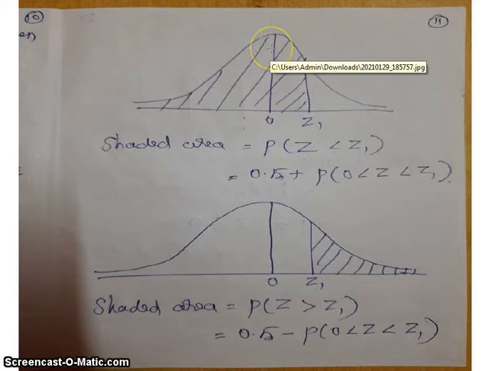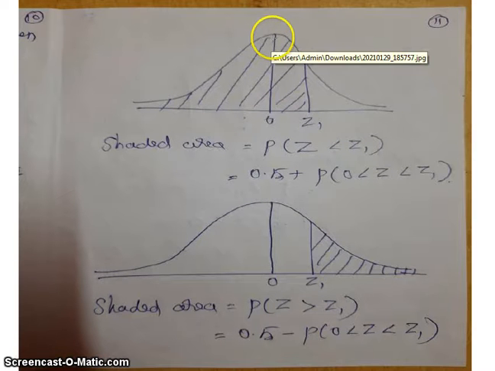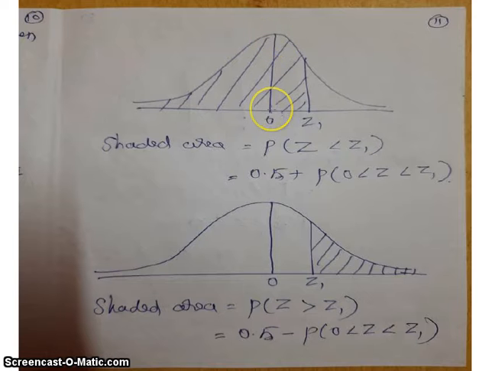Similarly, if you want to calculate the area under the normal curve where z is less than z1, that means below z1 up to this end, everything total, how to calculate this? Total area under the normal curve is 1. The normal curve is symmetrical, which means if you cut it in the middle, you get two equal halves. From 0, the left side area is 0.5 and the right side area is 0.5.